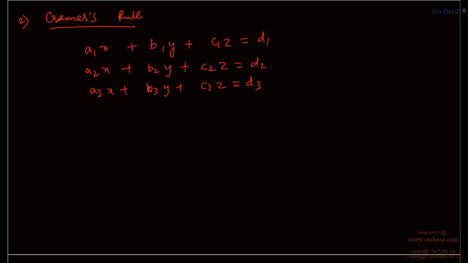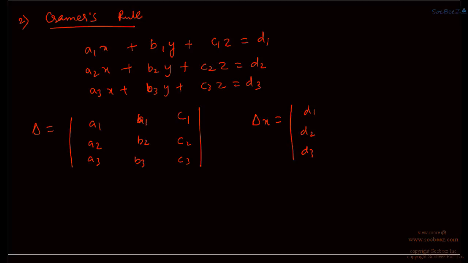Right? So now here I have 4 different determinants. The first one is that formed by my coefficients A1, A2, A3, B1, B2, B3, C1, C2, C3. Right? I then replace my first column here, A1, A2, A3, with D1, D2, D3. Right? So I write that as delta X because the coefficients of X are now replaced with D1, D2, D3.